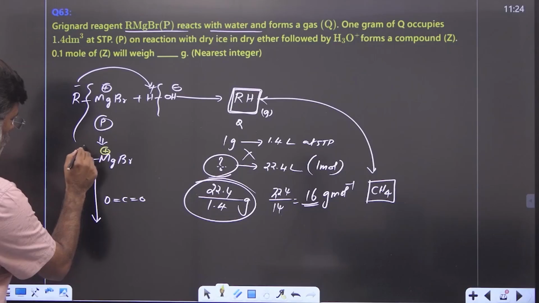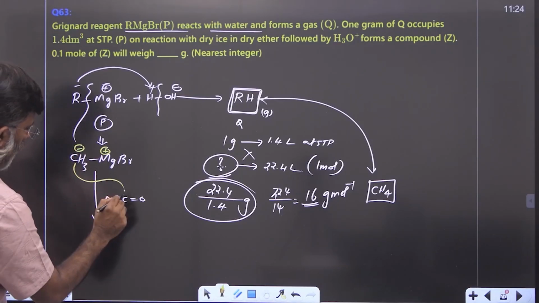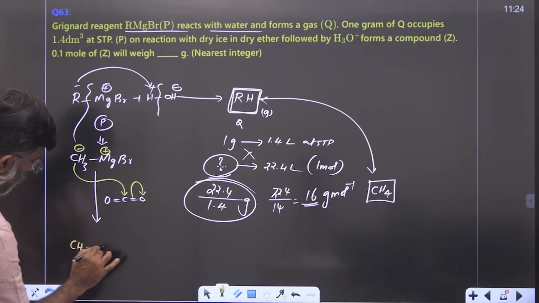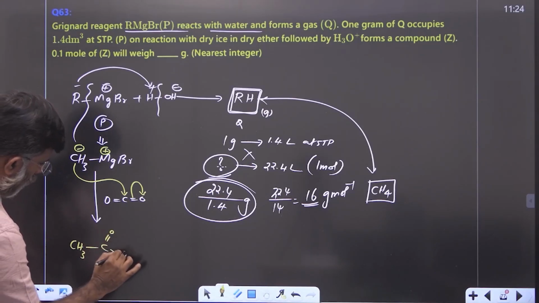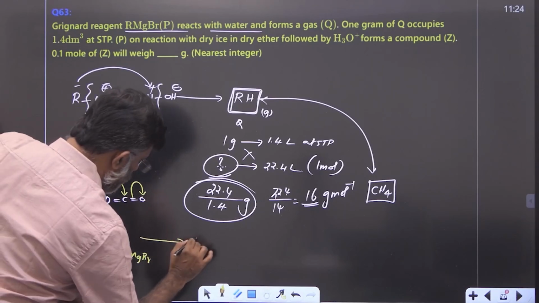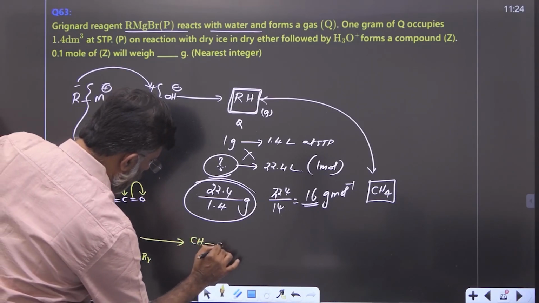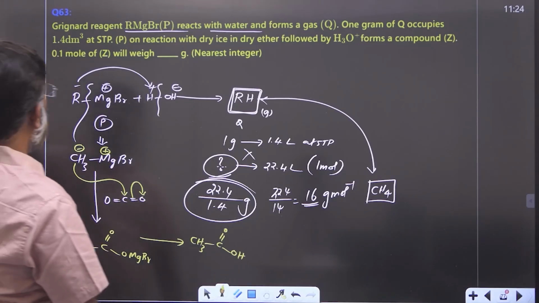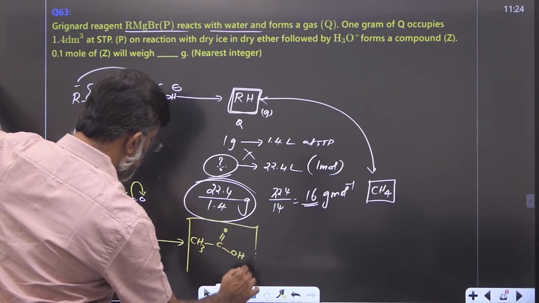This is plus, this is minus, and this will attack over here, and you will get CH3COOMgBr, which upon hydrolysis you get CH3COOH. That is the compound Z.